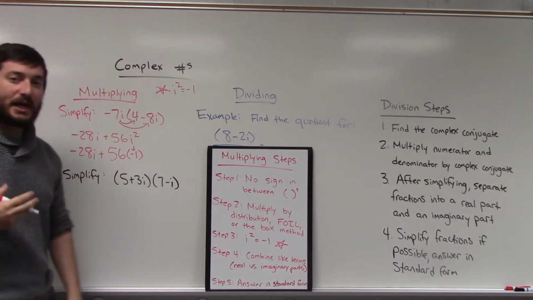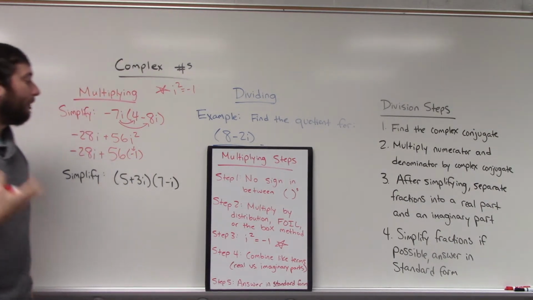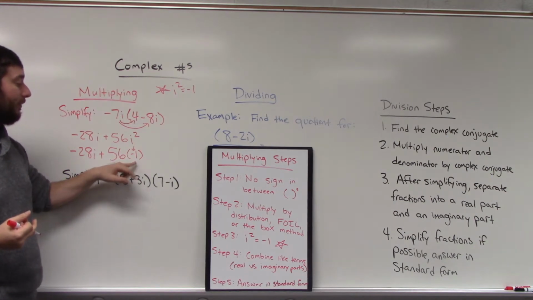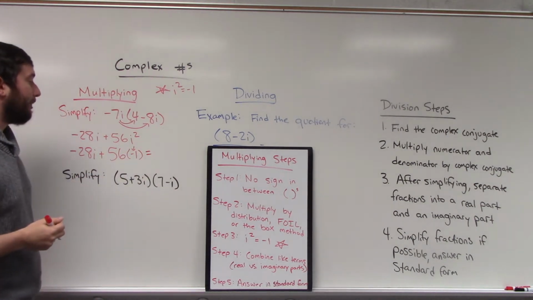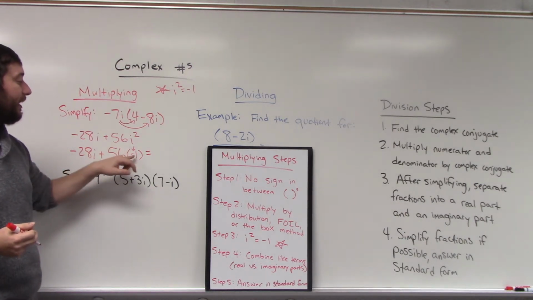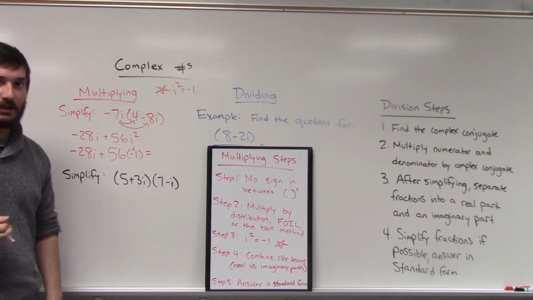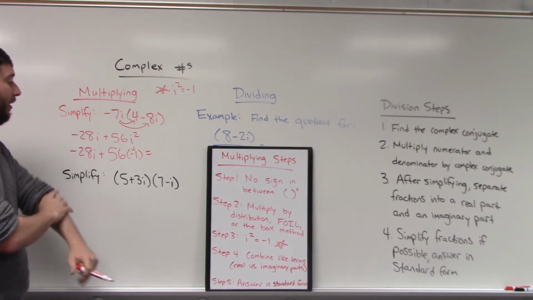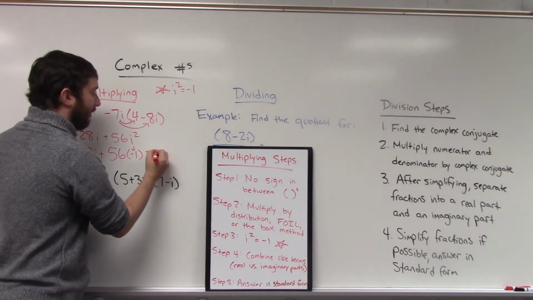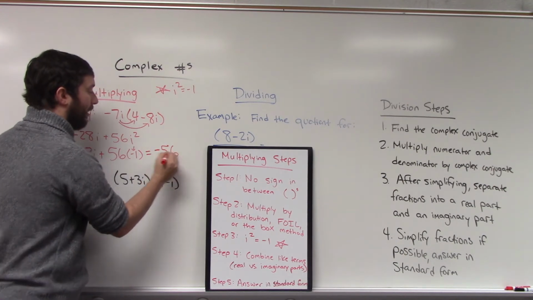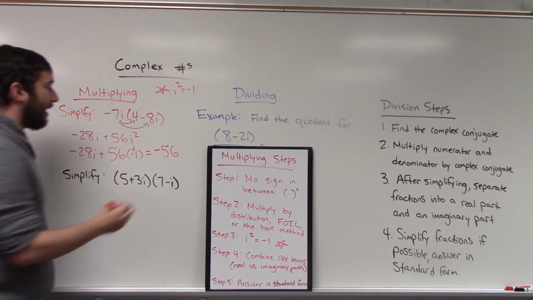We're not subtracting by -1, we are multiplying by -1. So don't get that confused. It's not 56 minus 1, it's 56 times -1 because we're multiplying here 56 times i squared. To simplify that, a positive times a negative is a negative, so -56, and minus 28i.